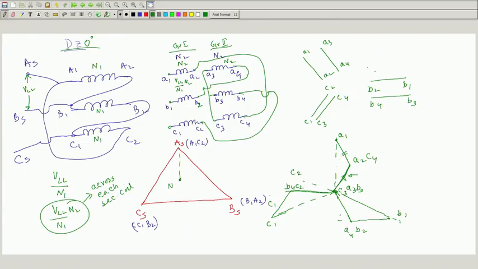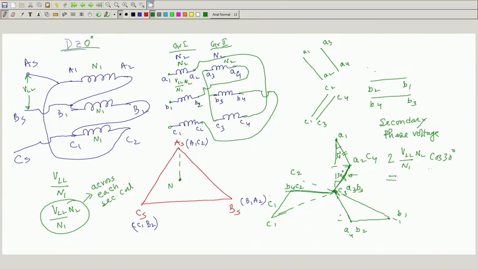Then what will be the phase voltage? The secondary phase voltage is very simple. This is 30 degrees, this is 30 degrees and I know this length. So, each length, that is VLL by N1 into N2, times cos 30 degrees will give you half, twice of that, because the projection of this is also the same.